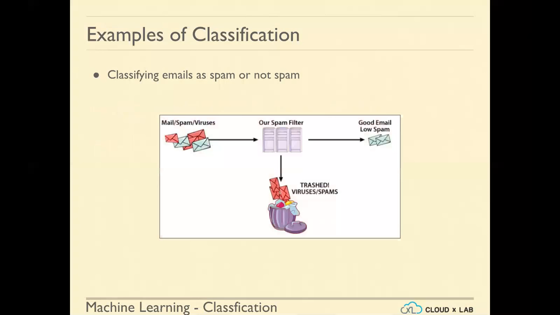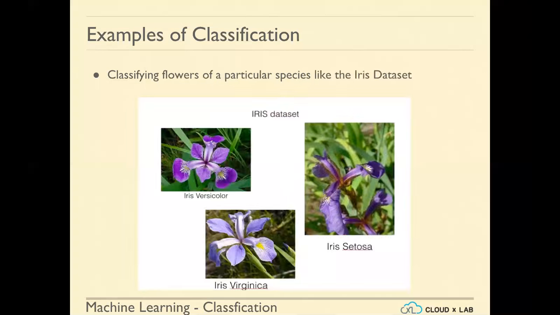So for example, mails, spams, and viruses. We have a lot of stuff in our inbox, and our spam filter would put it in two buckets, either good email or spam. So this is called classification.